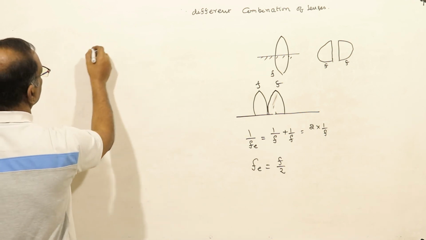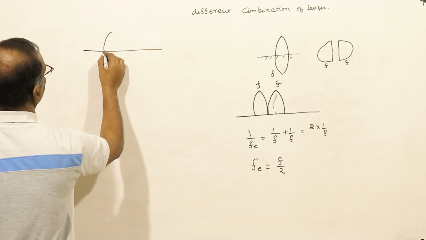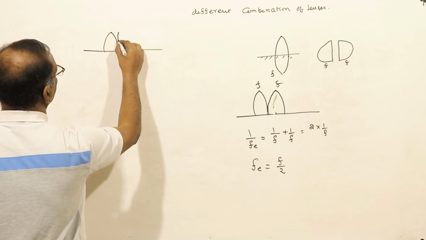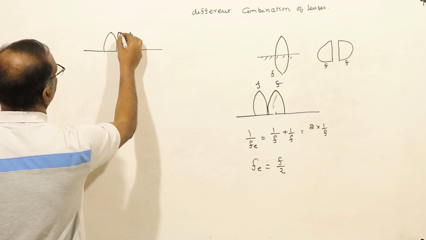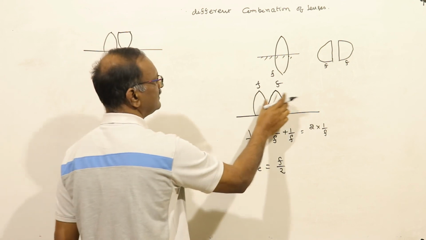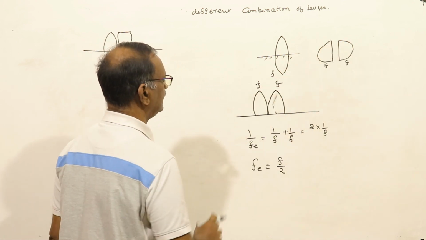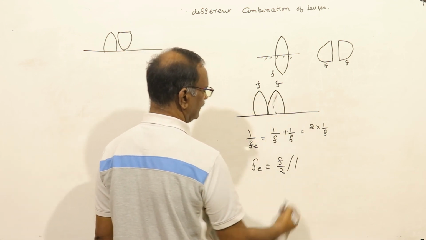If this piece is kept like this along the principal axis, and another is kept in the same fashion, then when both are added, the effective focal length is f/2.